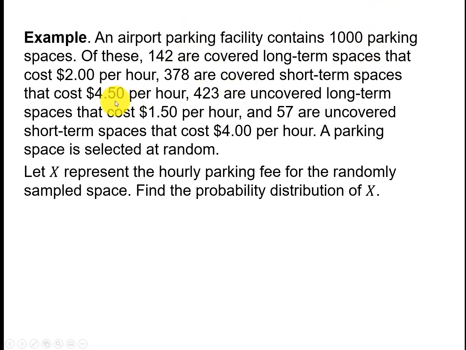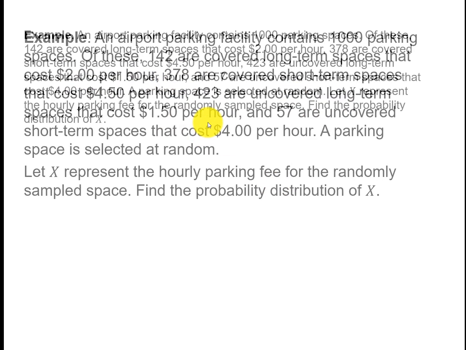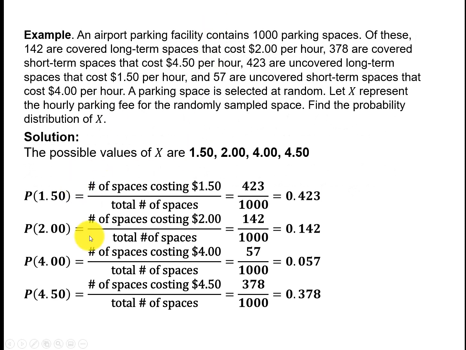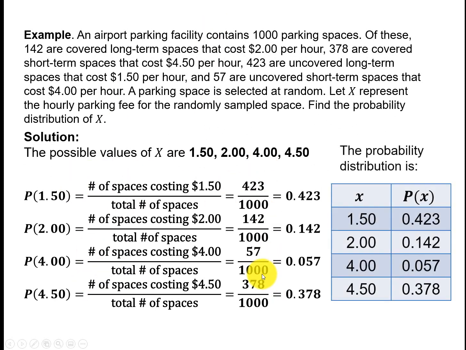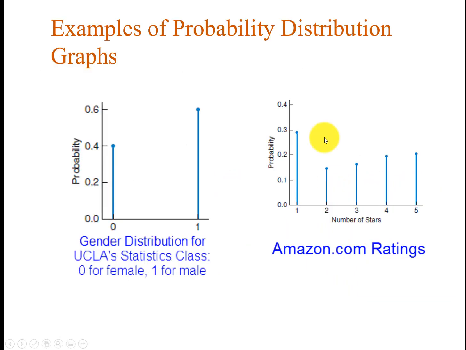So this would be, for $4.50 it would be 0.423, for $2 an hour it'd be 0.378, and so on. And then here's the probabilities. And then here's the table. And that's what I was talking about when I was guiding you through.